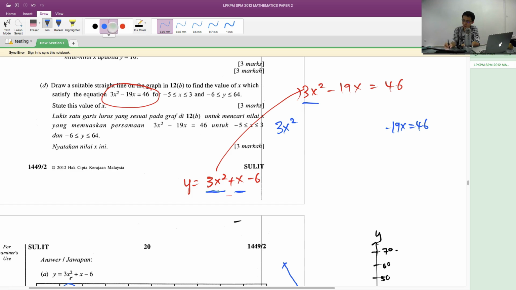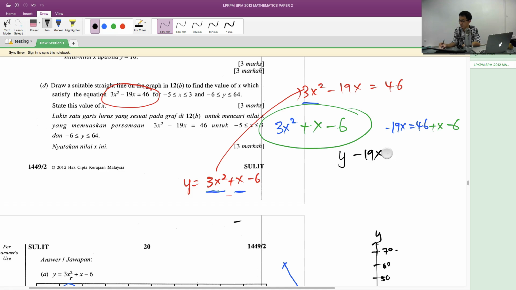Okay, now what do you have left here? You want positive x, right? Just write. You want minus 6, right? Just write. After you write everything on your left hand side, write back the same thing: plus x minus 6. Alright, then what we do next is the whole thing here. This is y, isn't it? So I will make this one become y minus 19x equals this one minus 40 plus x.